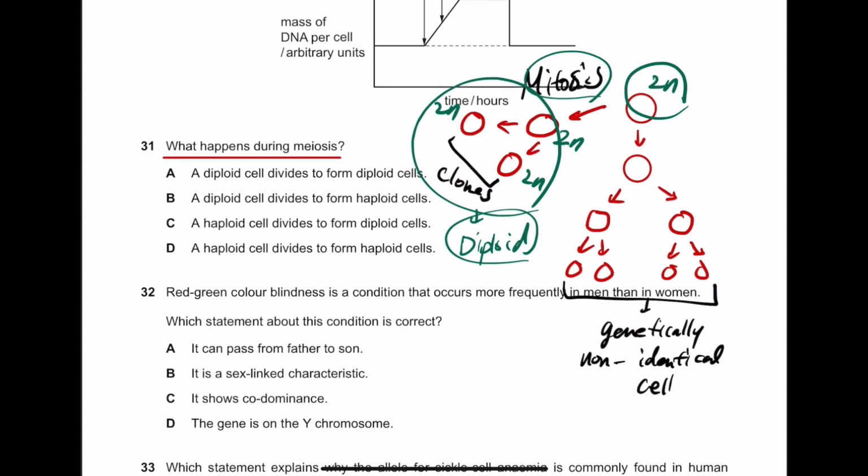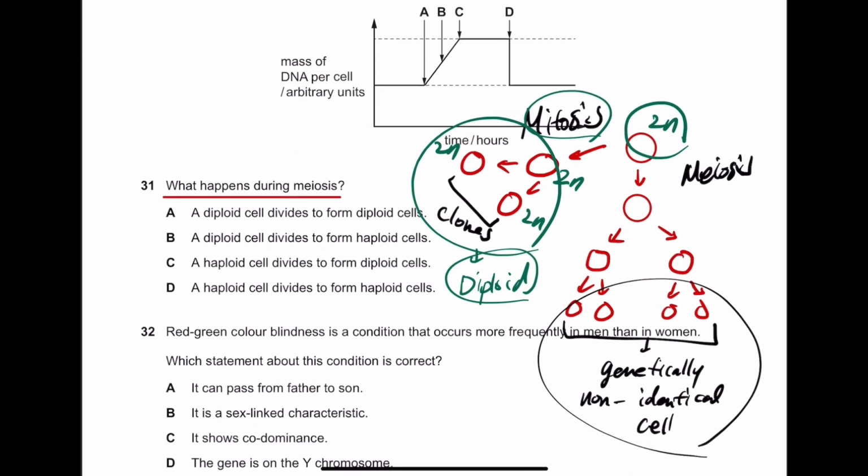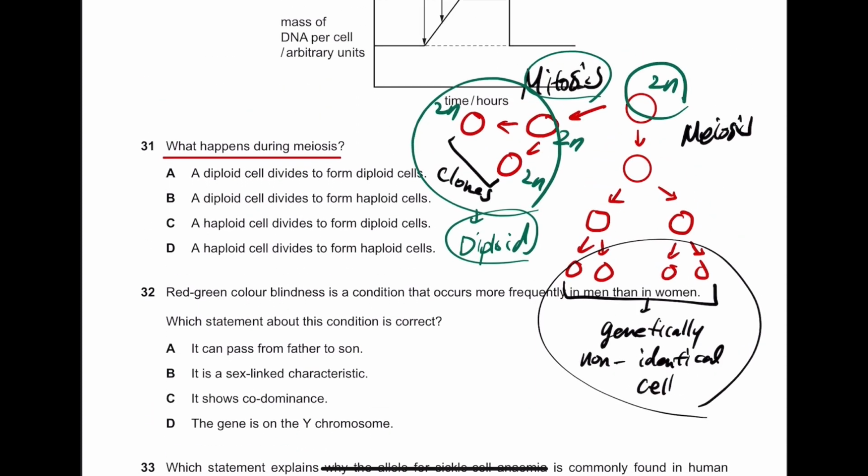But for meiosis, these guys are sex cells. So in humans, they should have 23 chromosomes. So they are haploids. Okay, so 2n turns into n for meiosis.